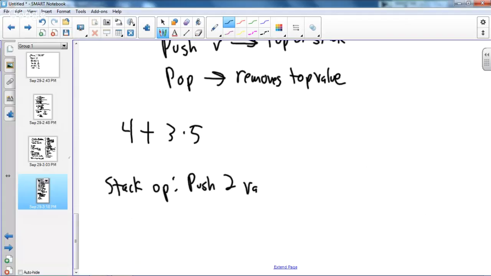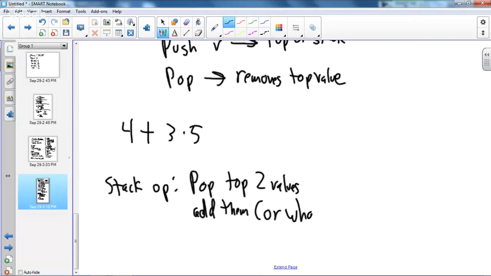Pop the top two values, add them, or whatever: subtraction, multiplication, division. Push the result onto the stack.